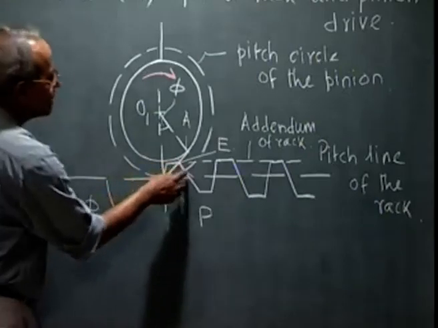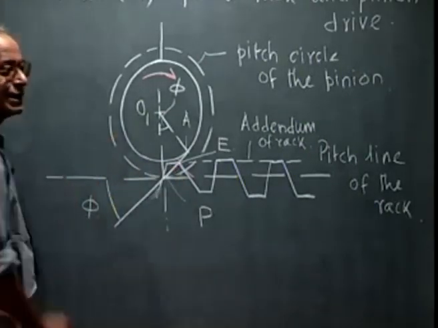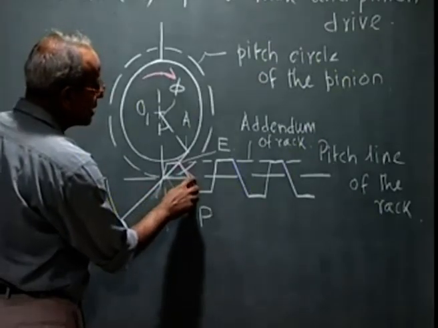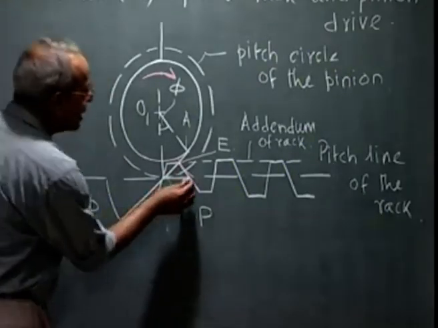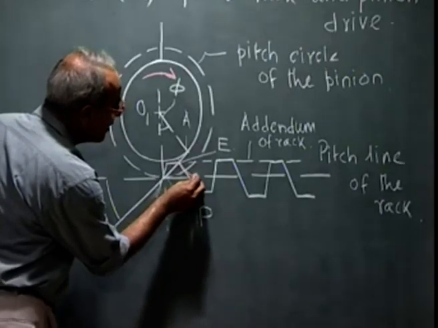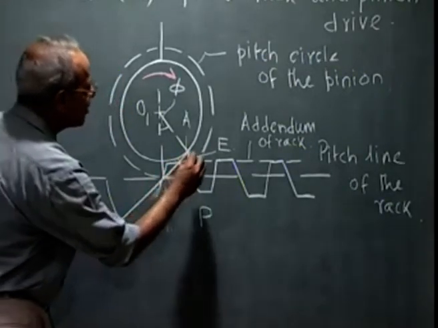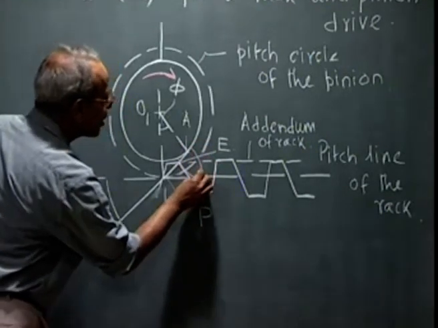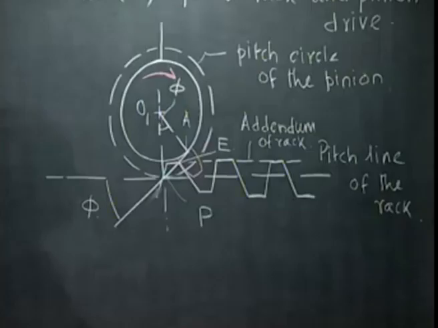Now when is the contact between this pair of teeth lost? It is lost when the contact comes at the addendum circle of this pinion. Let this be the addendum circle of this pinion tooth. If I complete the pinion tooth, it looks like this.